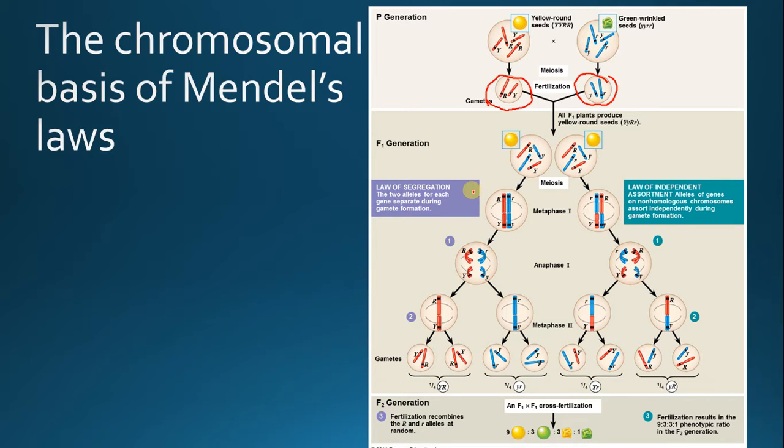The reason that Mendel got those nice Punnett square numbers is because there's a 50-50 chance of which of the two homologous chromosomes is going to make it into a gamete. And then when those two gametes come together, there's 1, 2, 3, 4 possible different alleles that can be had in theirs.